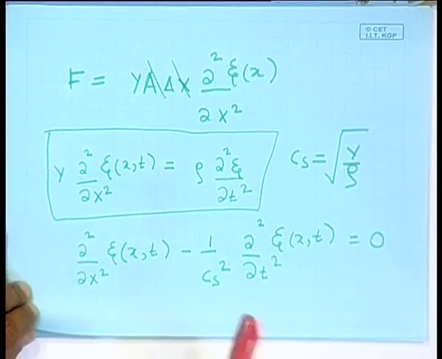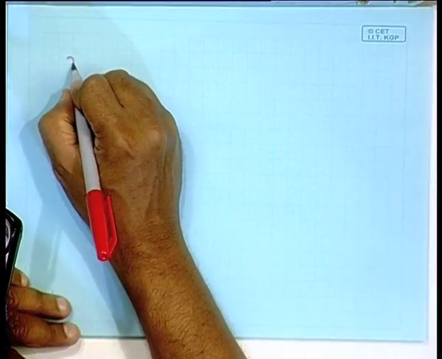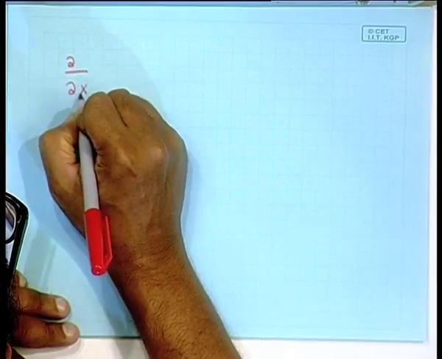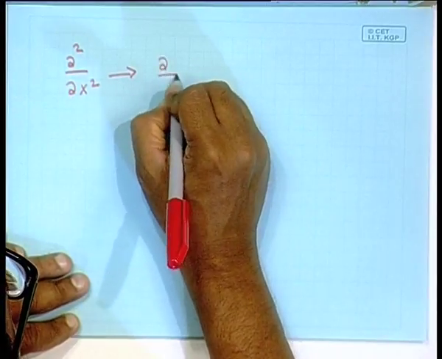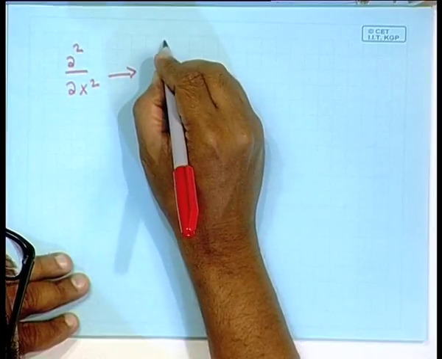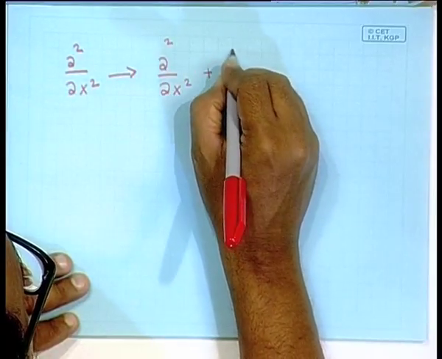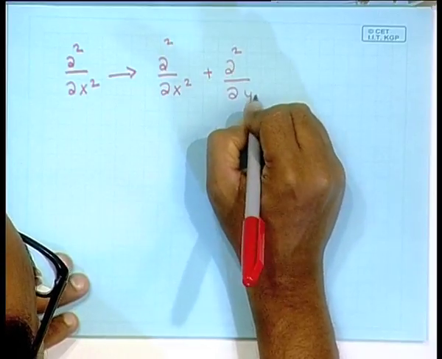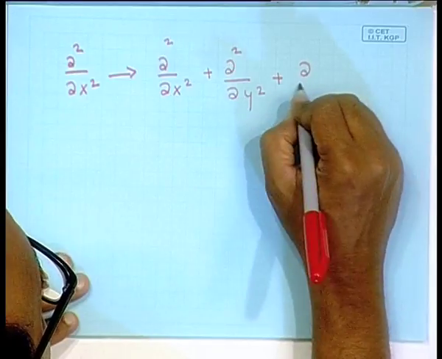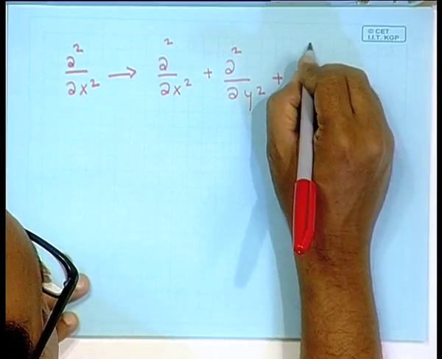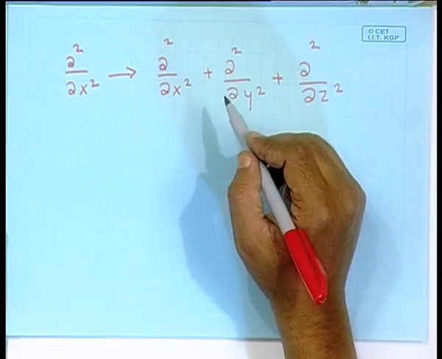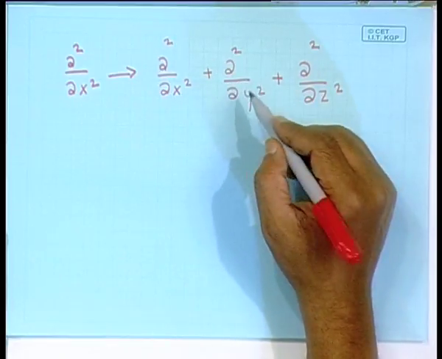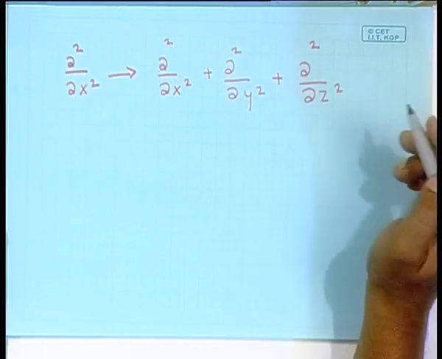We have to now replace the second partial derivative with respect to x, del x squared, with del x squared plus del y squared plus del z squared. So, the partial derivative with respect to x squared gets replaced by the partial derivative with respect to x squared, plus the partial derivative with respect to y squared, plus the partial derivative with respect to z squared.